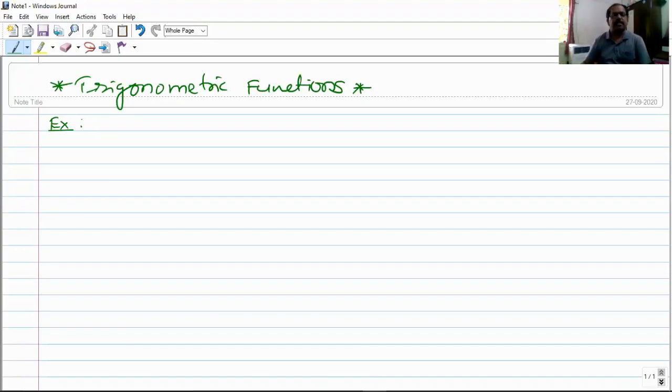So let's see, what is given? You are given a triangle PQR. Note down what is given in the example.